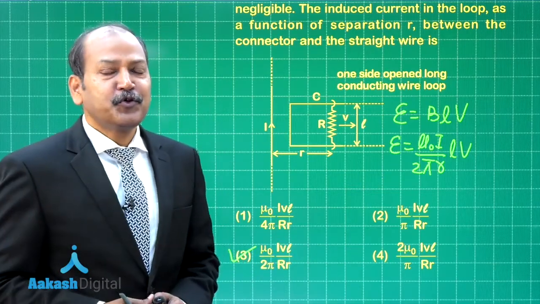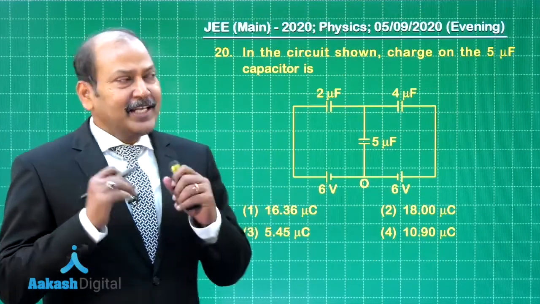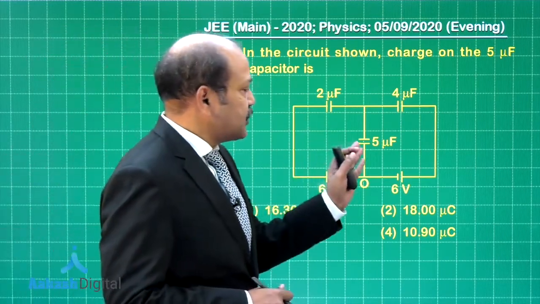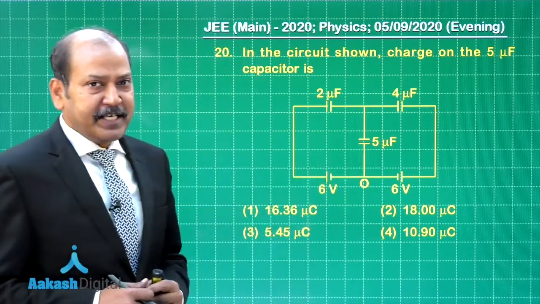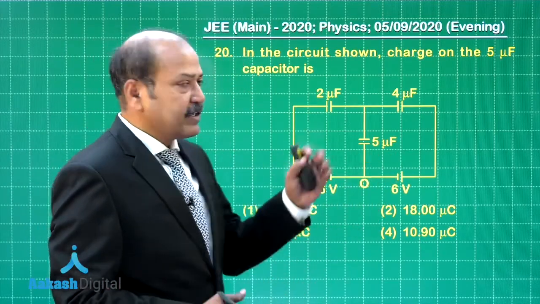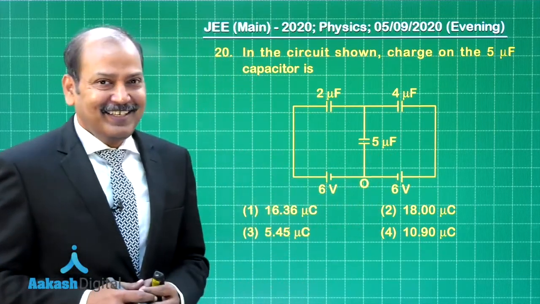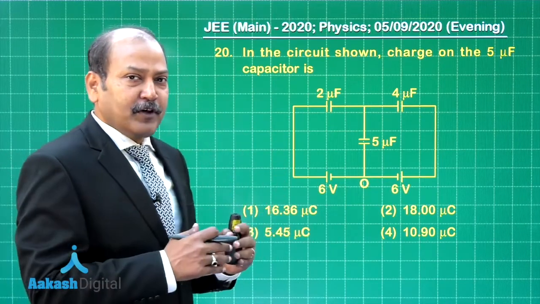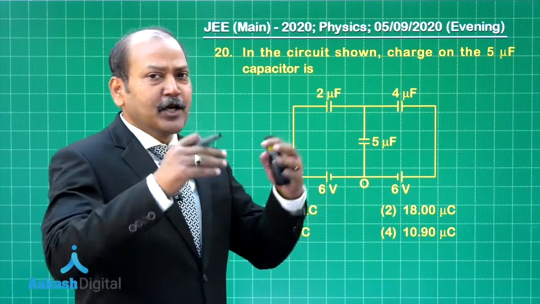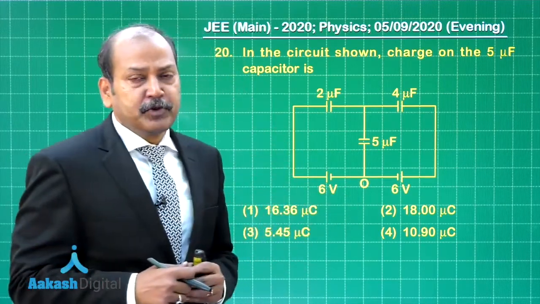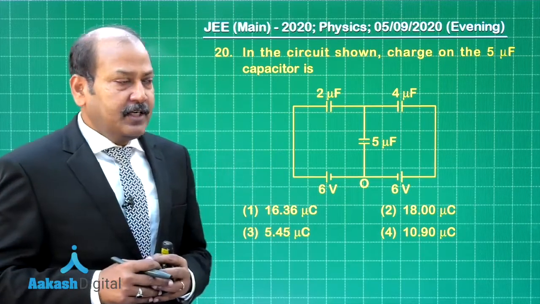Let us now go to question 20. In question 20, we have to find the charge on the 5 microfarad capacitor. We can see there are 2 cells and 3 capacitors in the circuit. We need to apply Kirchhoff's voltage law and the concept of conservation of charge.